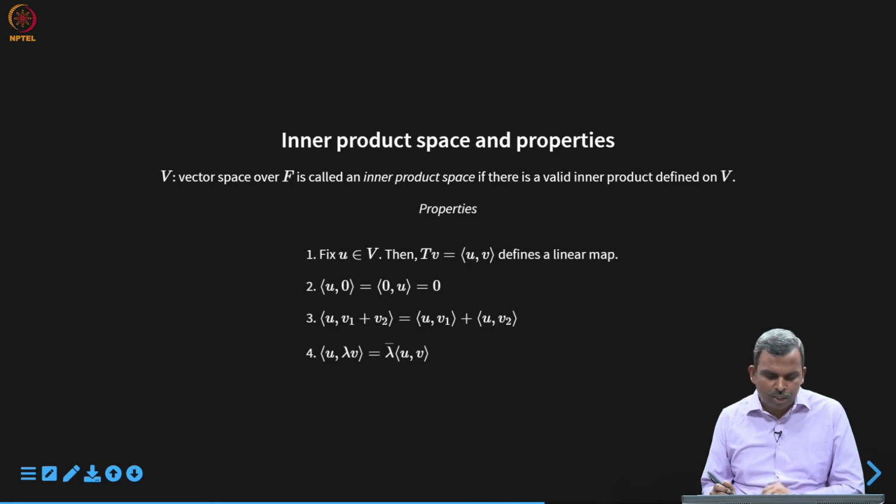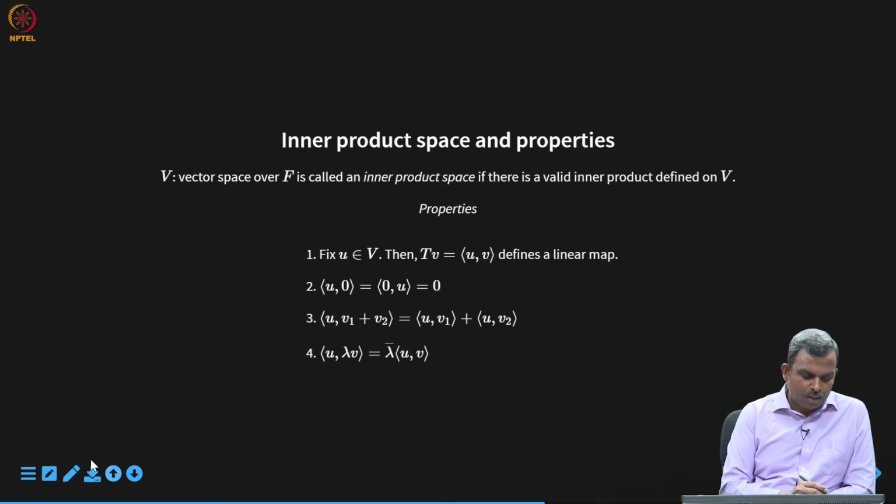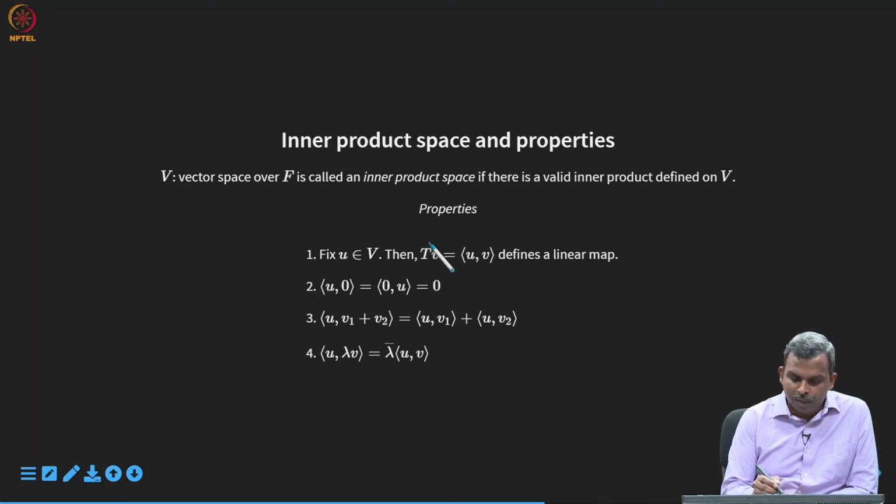So the first few properties that one immediately sees, in fact the first property is very crucial. It gives you a nice connection between operators and inner products, which we've been seeing before. If you fix u, oh, maybe I should do it the other way around. Sorry about that, there is a small bug here, it's not too bad.